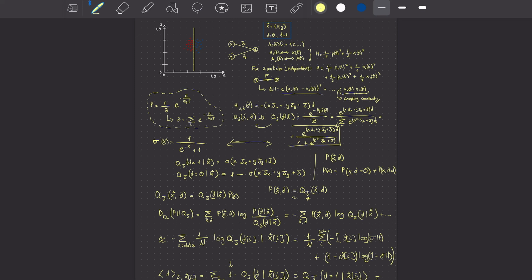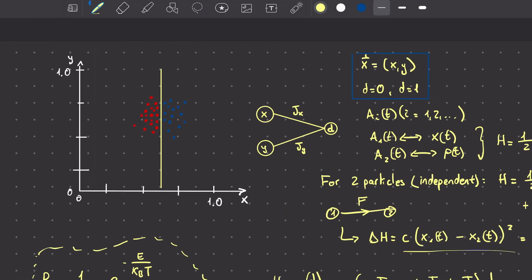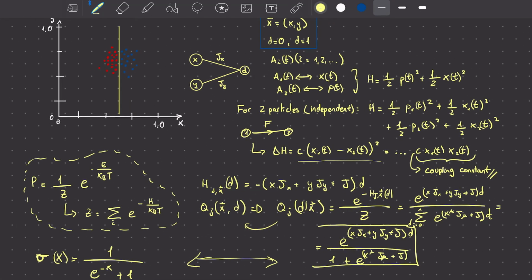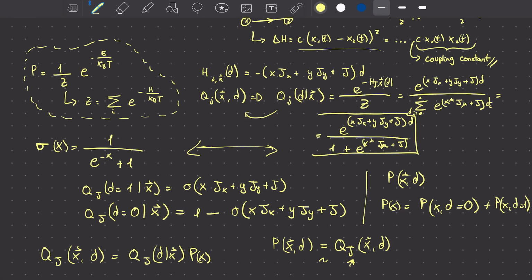Again, starting from a very simple problem and using some techniques and some points of view from statistical physics, we managed to derive things like the activation function, which in this case was the sigmoid, because we're doing binary classification.